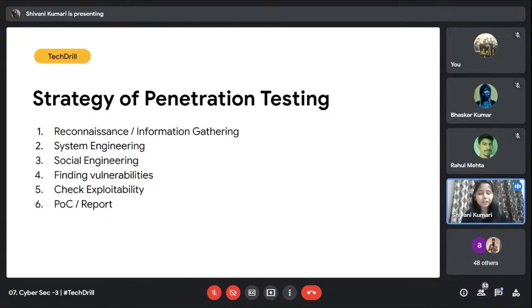What will be the exploitability? The impact of that vulnerability will be completely null. So we have to understand the exploitability rate of that particular attack, and then report it to the firm. If you find a vulnerability that is not exploitable, that vulnerability is of no use.